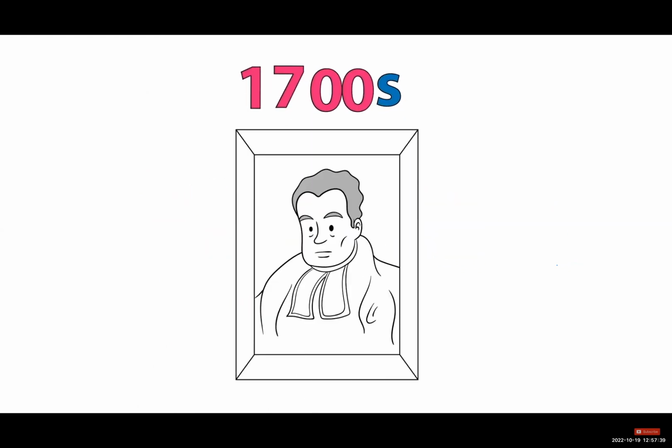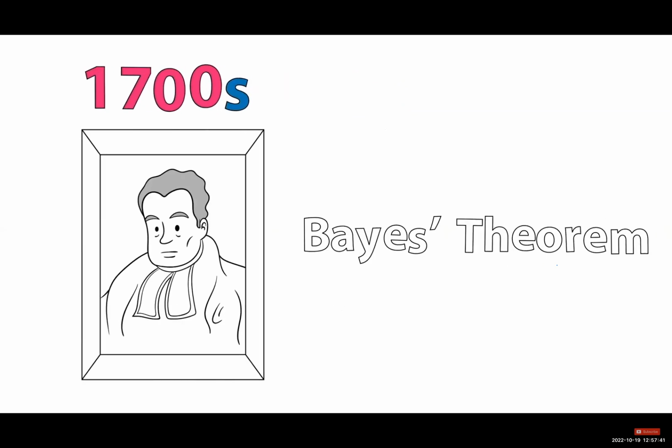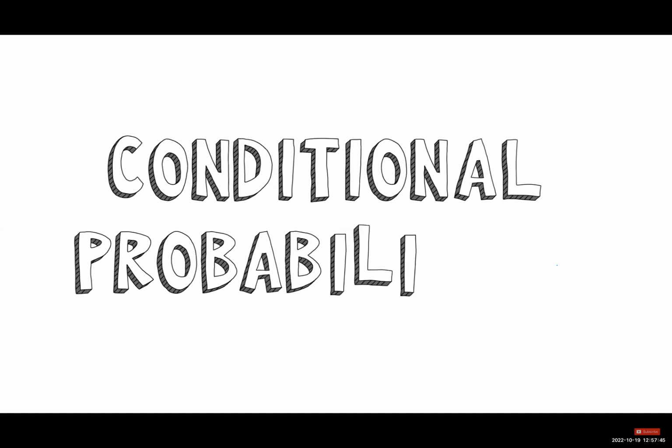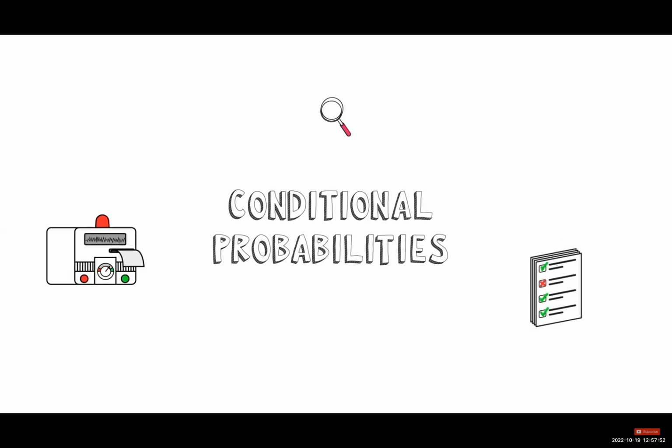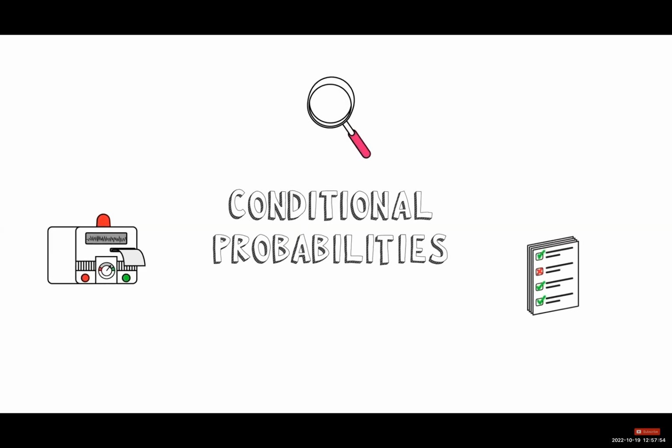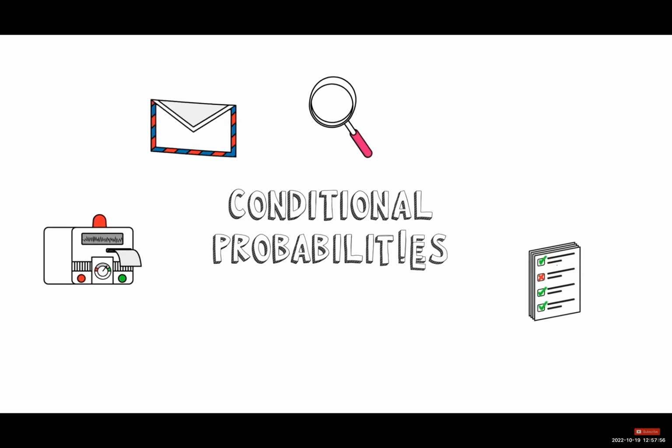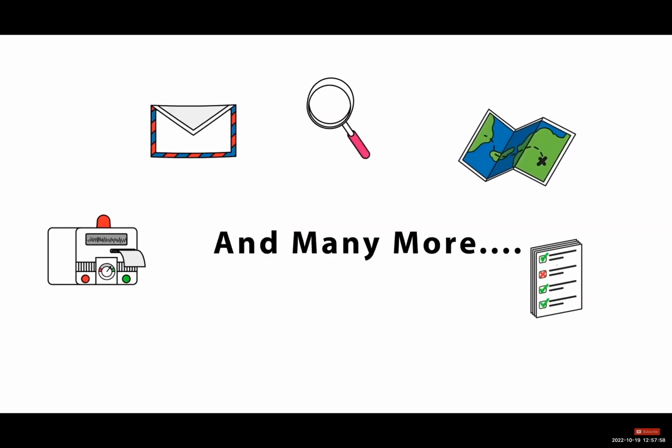Back in the 1700s, the Reverend Thomas Bayes proposed a formula, which we now call Bayes' theorem, that helps us to work out conditional probabilities. It applies in all sorts of situations like lie detector tests, medical screening tests, criminal investigations, email spam filtering, crash wreckage location, and many more.